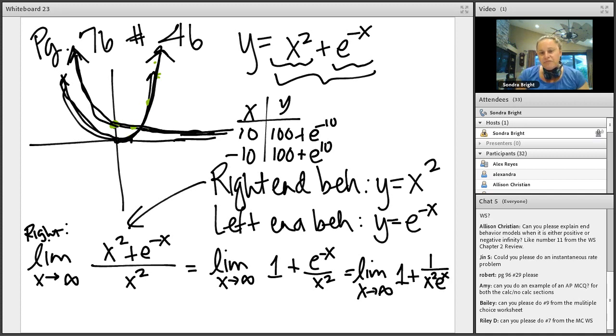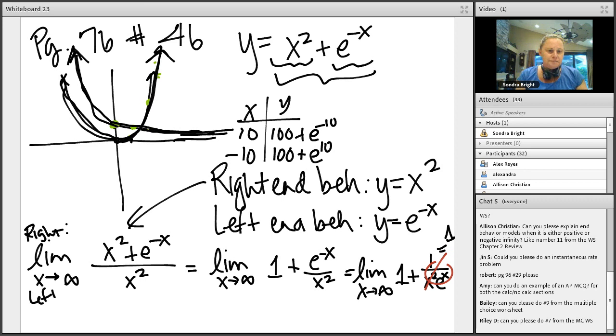And when you plug infinity into that, you're basically dividing by infinity. It'll be like 1 divided by infinity. So this zeroes out right there. And then the limit as x goes to infinity of 1 is just 1. And that's what you're proving. To prove that this is true, you need your limit as x goes to infinity to equal 1.